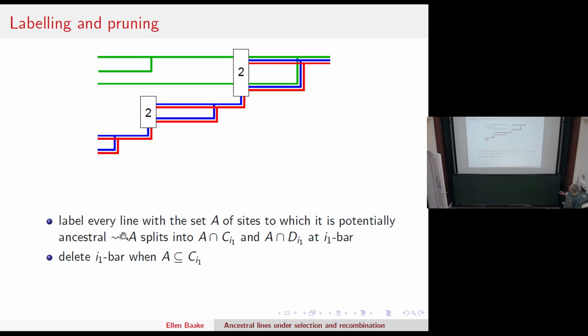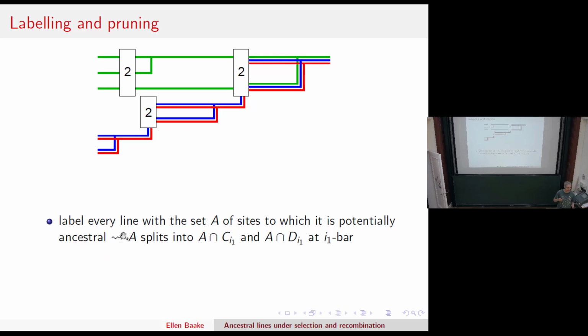And then I see that I can actually remove some of the bars. So here is another 2 bar, but the green line is in the head of this, so no further splitting can take place. The splitting has already taken place here, so I don't need that. I remove that kind of bars.